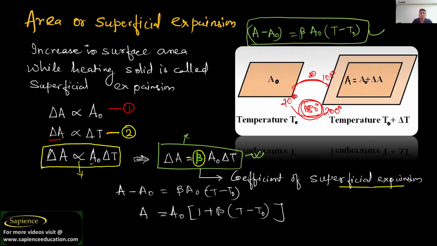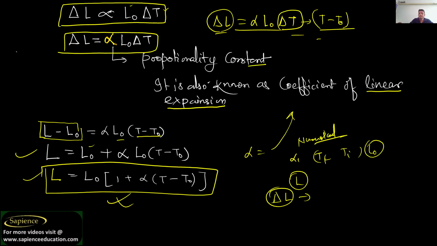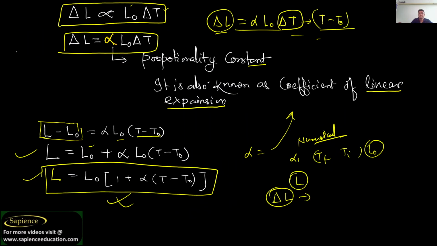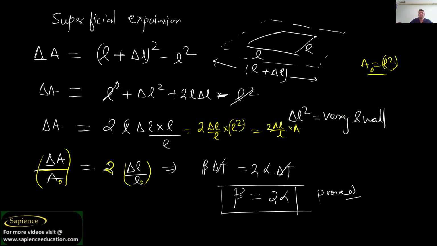Now remember this equation, change in area by original area. Let us see here. Can we write from this equation the change in area by original area, that is A naught, is equal to beta into delta T? Can we write this? Similarly, change in length by original length is equal to alpha into delta T. So use both equations, right?